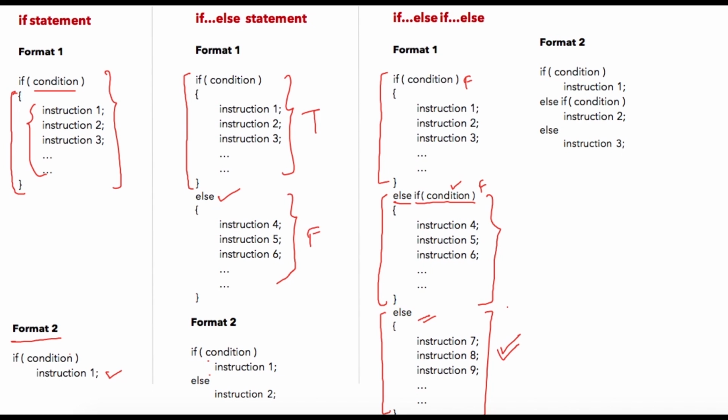Again, you can exclude this else based on your programming logic. The else part is completely optional. The same block can be written like this if you have just a single instruction for each block. If this condition is true, this will get executed. Else if this condition is true, this will get executed. Else instruction 3 will get executed.